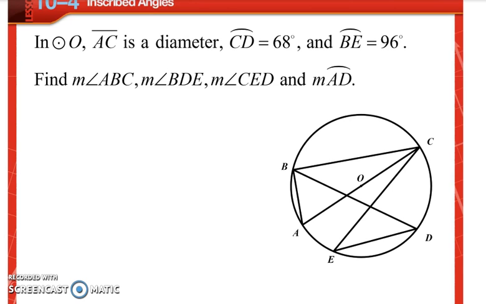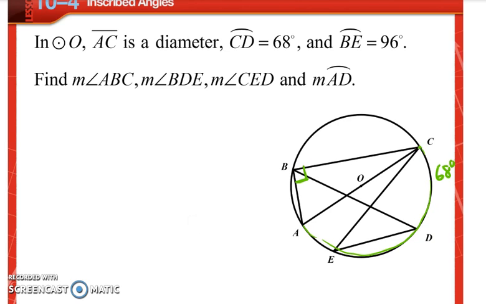AC is a diameter. So if AC is a diameter, kind of see right here that we've got an inscribed angle. So that must be 90 degrees if that's a diameter. Okay, then it says arc CD measures 68 degrees.